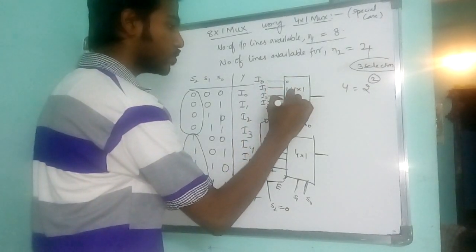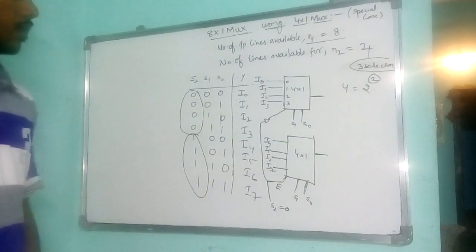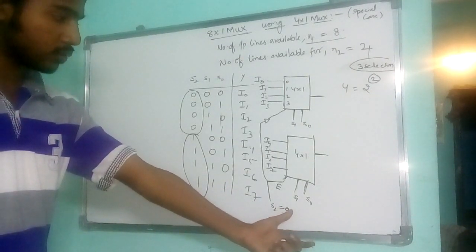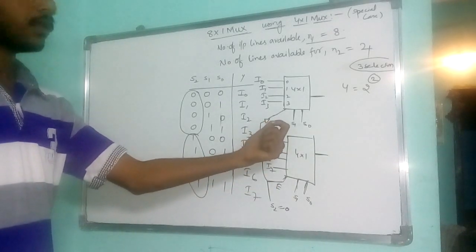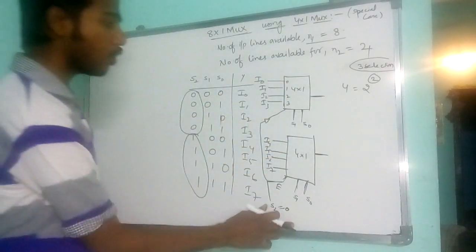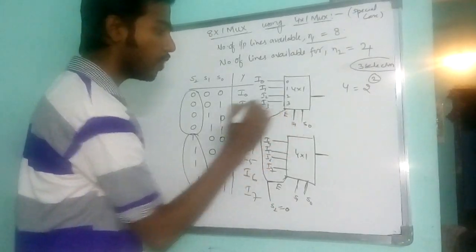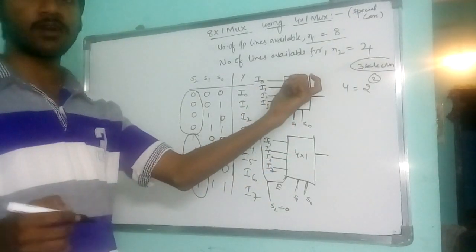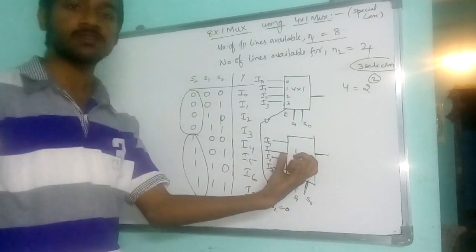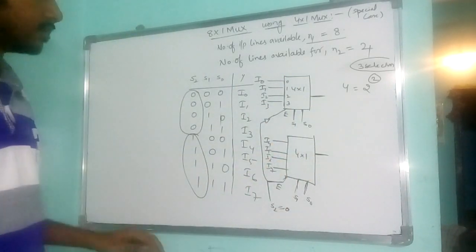Why should S2 be 0? Because if S2 is 0, then only this mux will be on, because when it is 0, its complement will be 1, and this enables this device to work. When S2 is 0, enable is 0, so this device will be off for the first 4 selection lines.